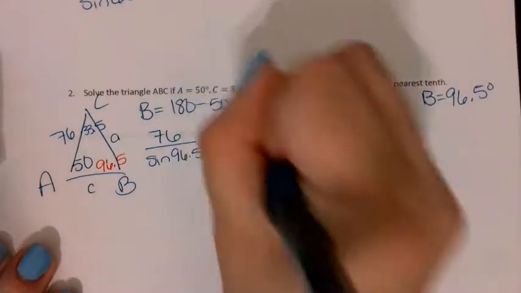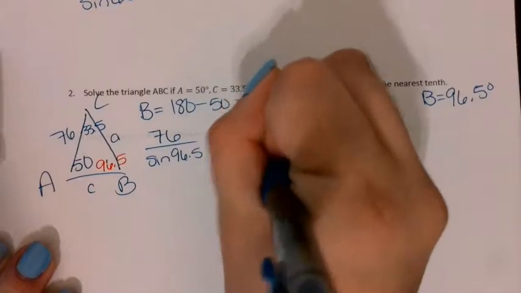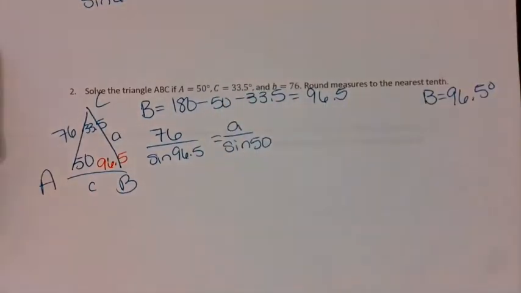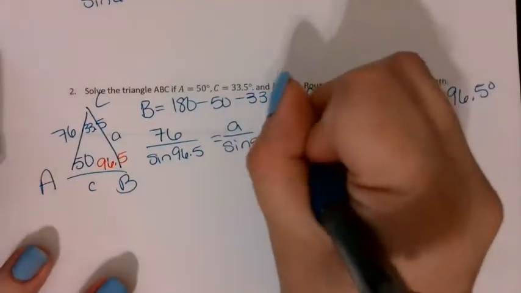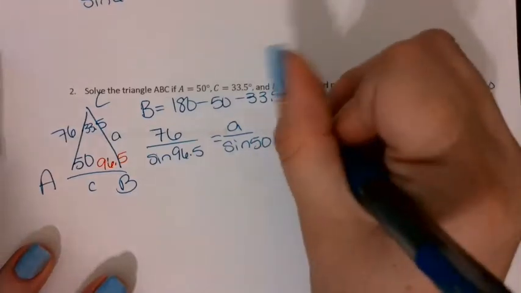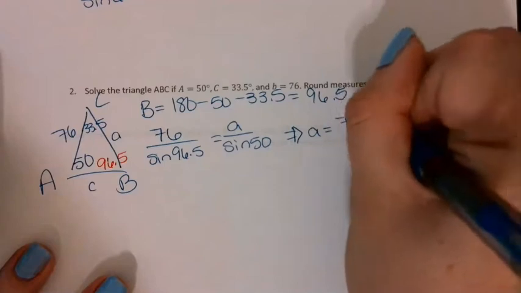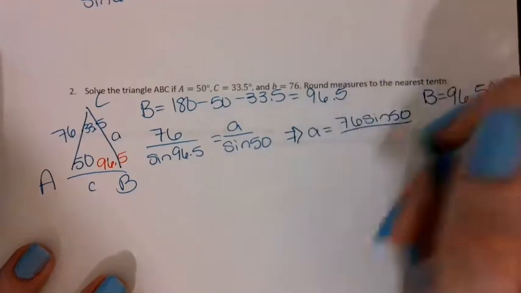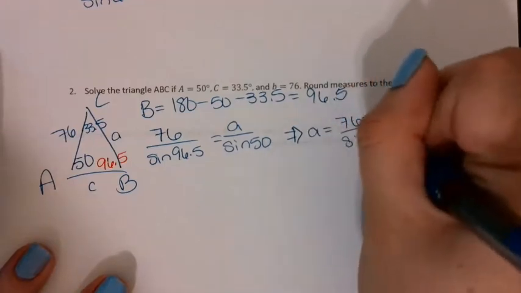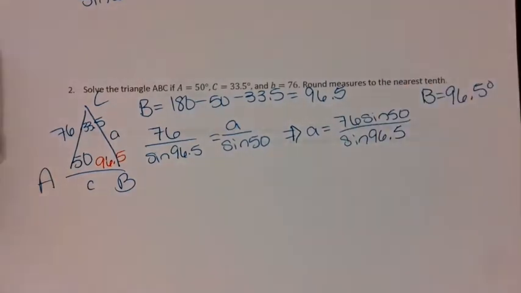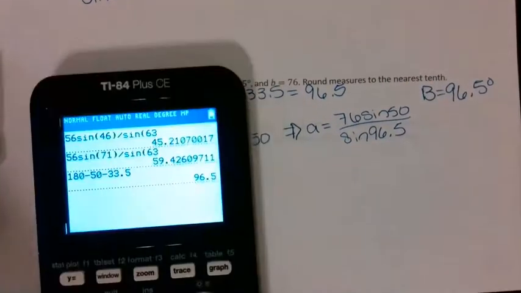So I have A over sine of 50. Then this looks just like it did from above. I want to get that sine 50 to the other side, so I'm going to multiply both sides by sine of 50. I have A equals 76 sine of 50 over sine 96.5. I want to type this into the calculator.